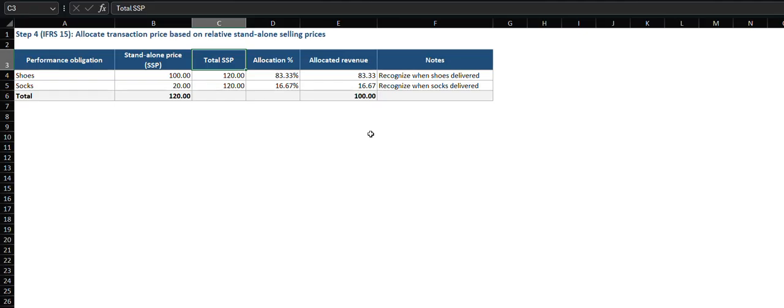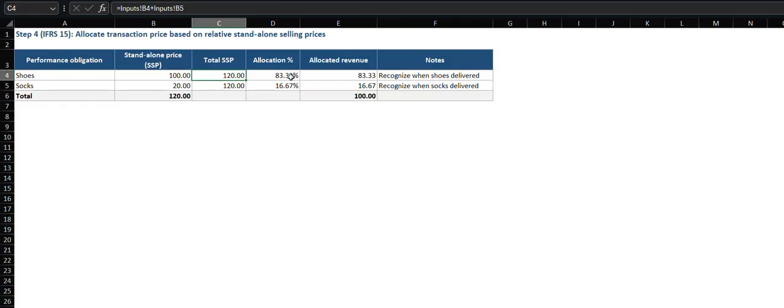In this step, the transaction price is allocated based on the standalone selling price. First, we will calculate the total standalone selling price, which is 120.